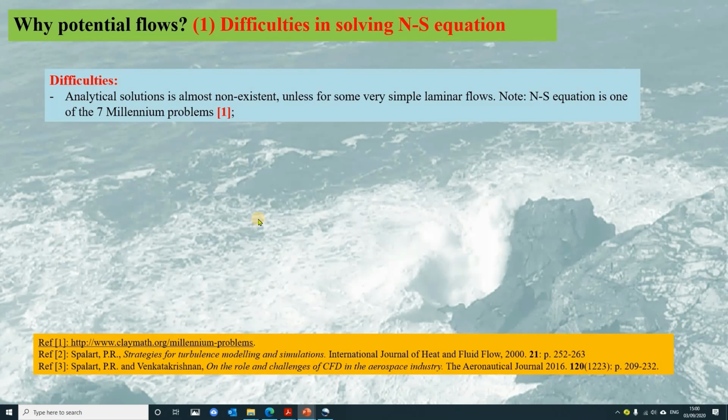First of all, analytic solutions are non-existent for practical problems, and we can only find analytic solutions for some very simple laminar flows. The problem has been listed as one of the seven millennium problems. You can find more information on this website.